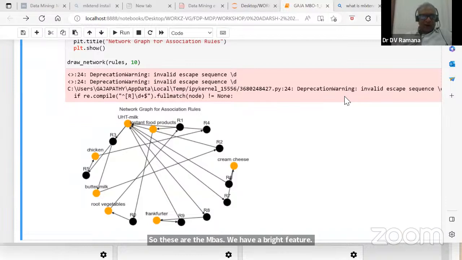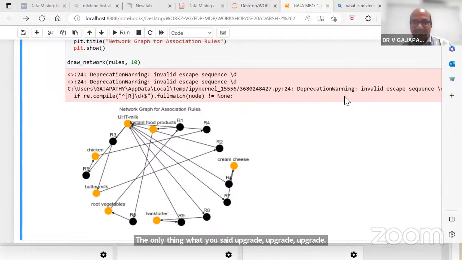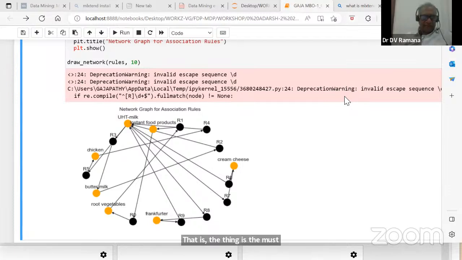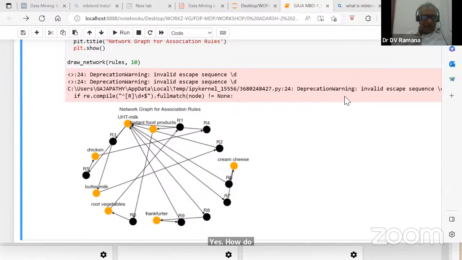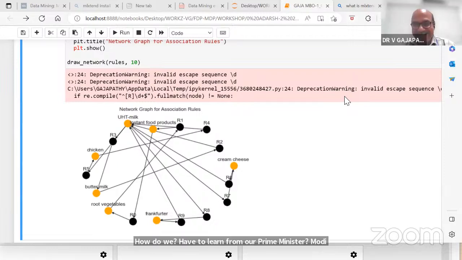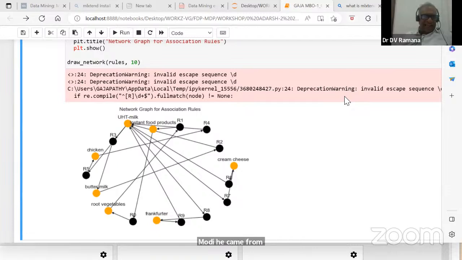The only thing, what you said, upgrade, that is a must. It's a mandate. It is not only for anybody, it is for me also, sir. Continuously, yes. We have to learn from our Prime Minister Modi. He came from Chaiwala. Now people are giving lectures on ISRO and technology, all those things.